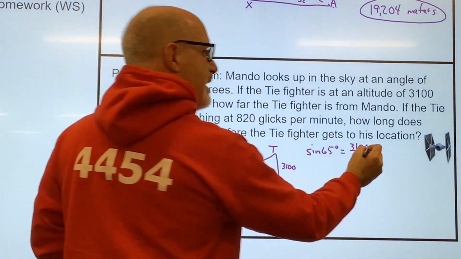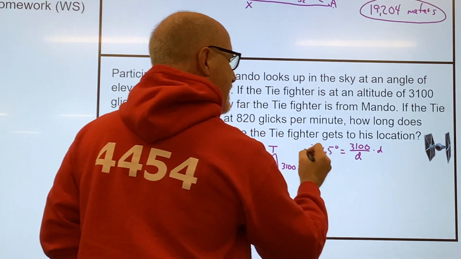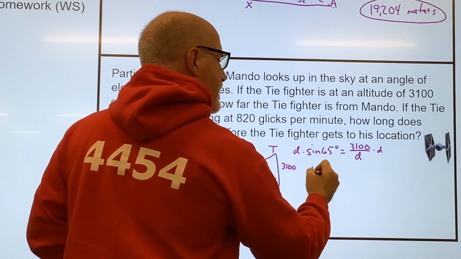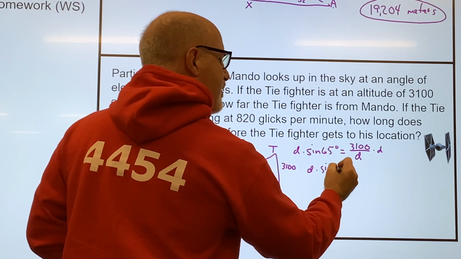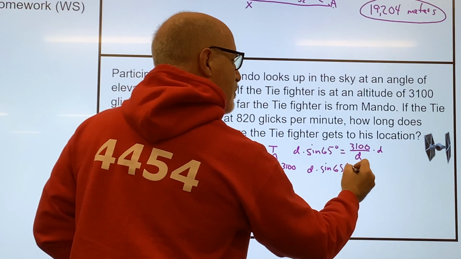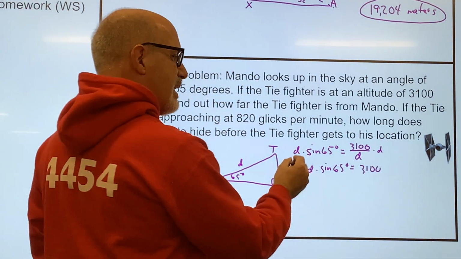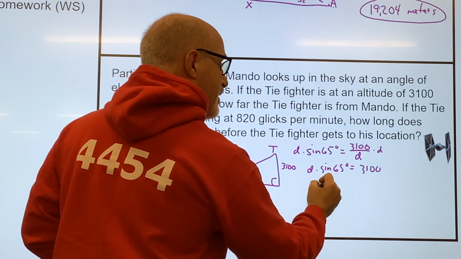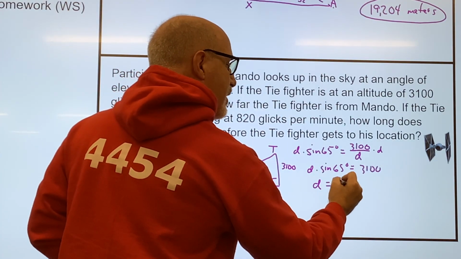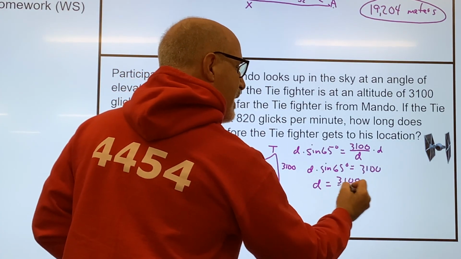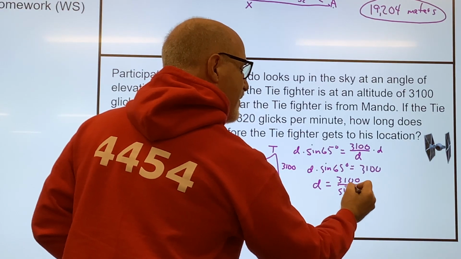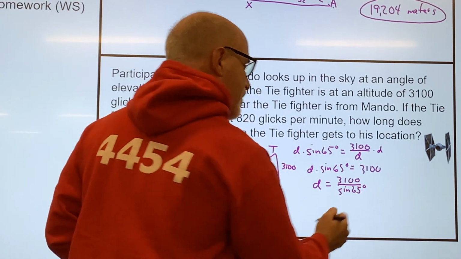Now we want to get the D out of the denominator, so we multiply by D on both sides. So we have D times sine of 65 degrees is equal to 3,100, because the D's reduce out. Now we divide by sine of 65 on both sides. So we get 3,100 divided by sine of 65 is what D is equal to.